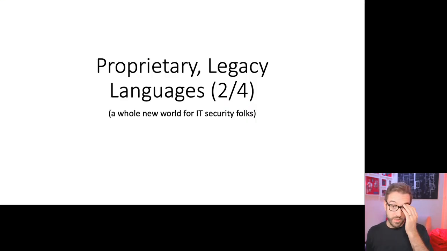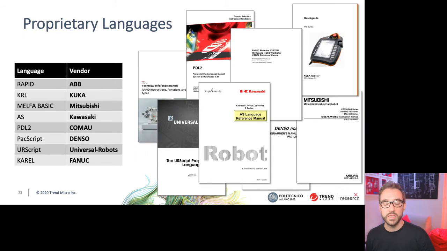Okay, secondly, let's focus a little bit on these proprietary and legacy programming languages. Consider that these languages have been designed decades ago and are still used right now in production because there's no easy way to switch from a platform to another. Every vendor has their own dialect, their own language, their own platform.